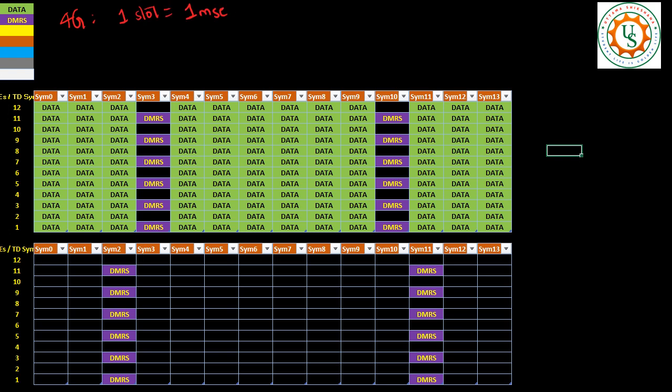So if you take this one till this point, 500 microseconds, then the remaining will be another 500 microseconds. The total will be 1 millisecond, and a total of 14 symbols will be 1 millisecond. This is because your subcarrier spacing is equal to 15 kilohertz.